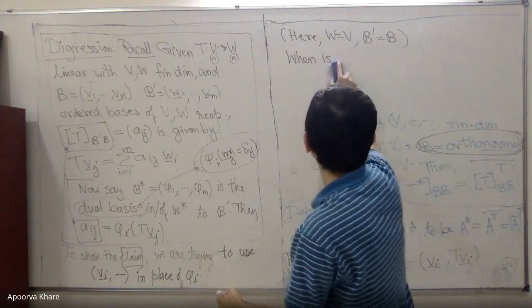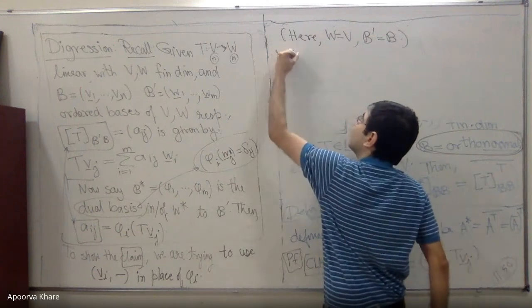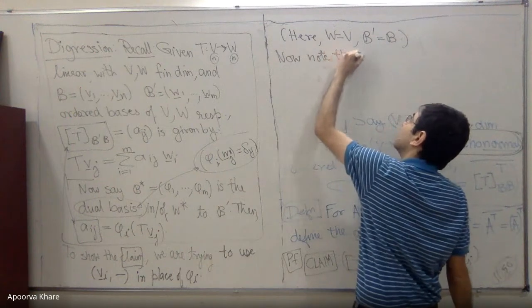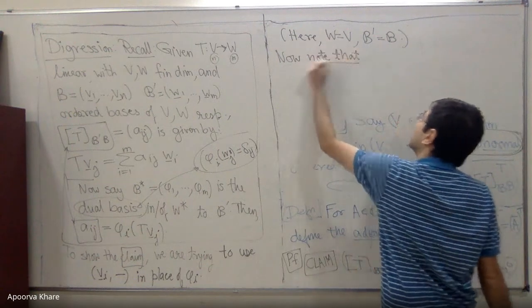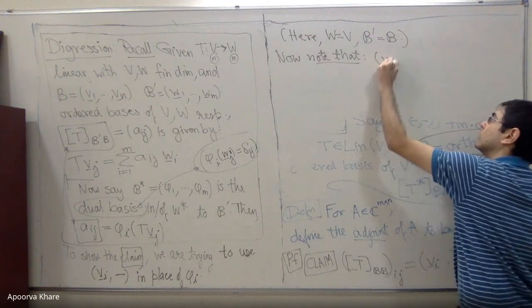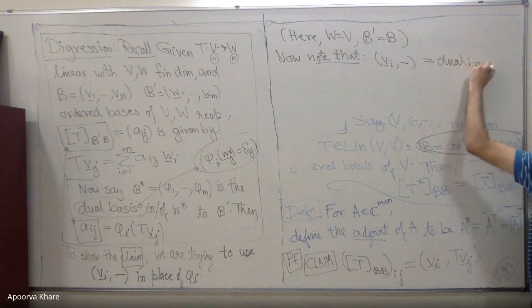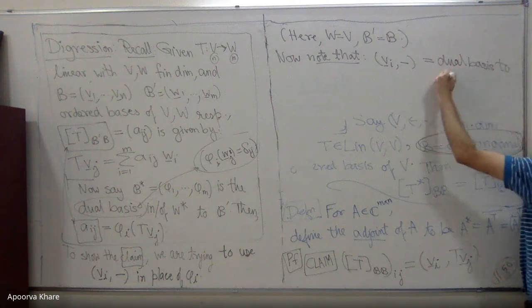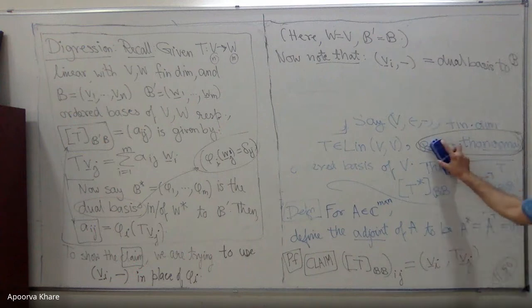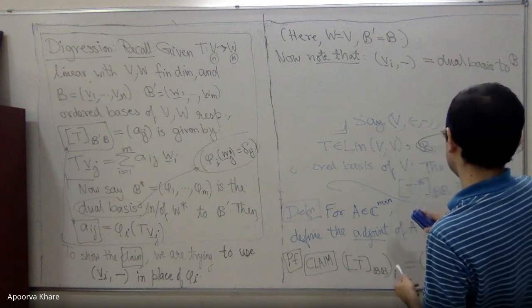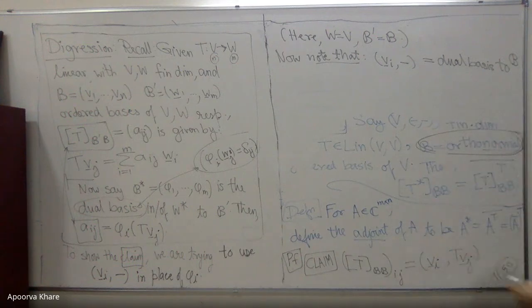So now note that these functionals are the dual basis to the v_j's, to B, where B is v1, v2, ..., vn. Sorry, I should have said that here maybe, where B equals v1, v2, ..., vn.